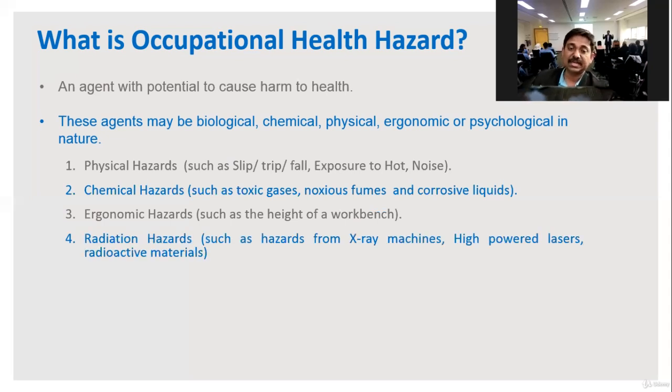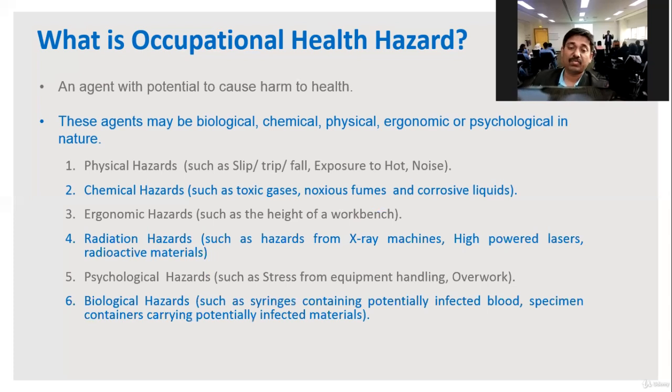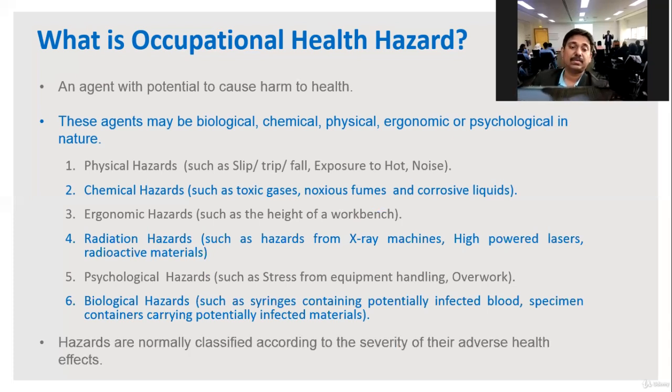Radiation hazards is another hazard in an organization like a hospital or a clinic, where X-ray machines, high power lasers or radioactive materials are on whenever required for a patient. Psychological hazards such as stress from equipment handling or overwork, biological hazards such as syringes containing potentially infected blood, specimen containers carrying potentially infected materials.